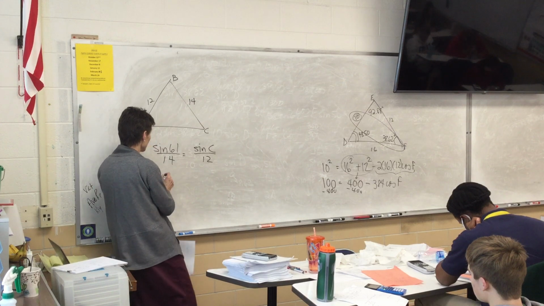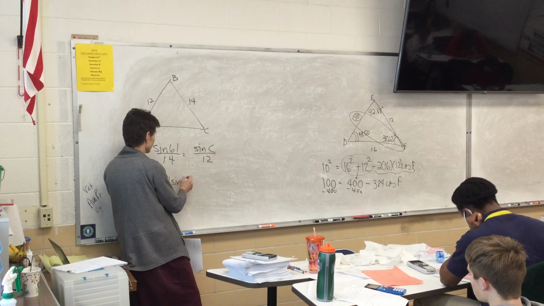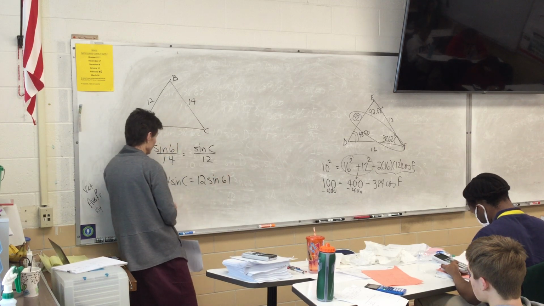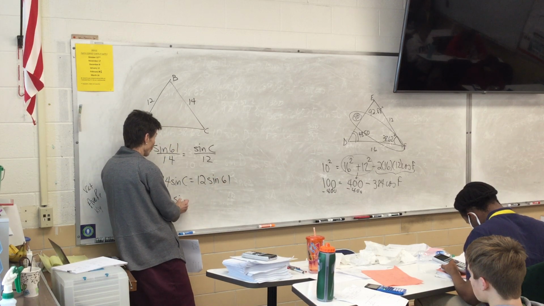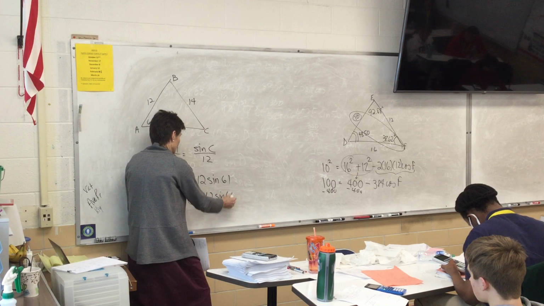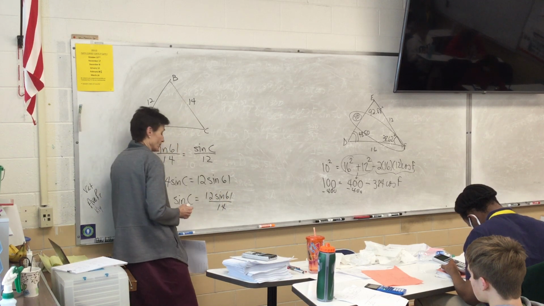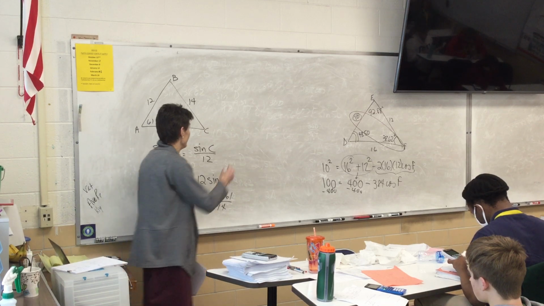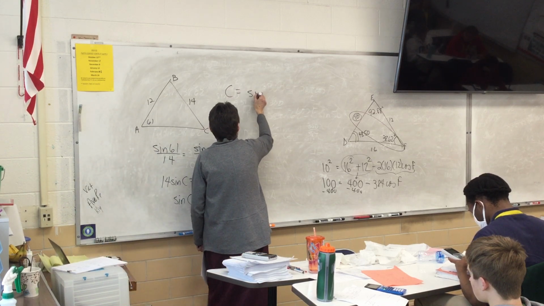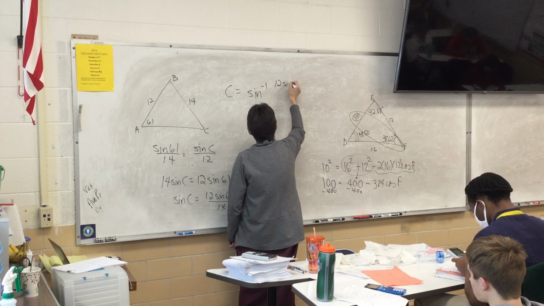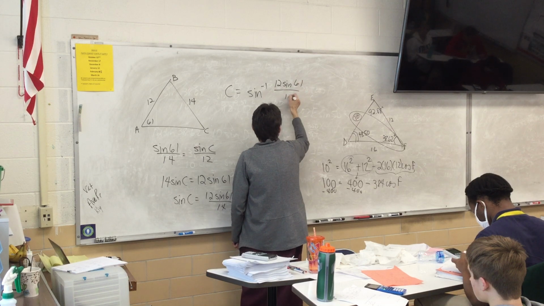So we'll cross multiply, and divide by 14 only. So then we're going to second sine that big fraction, 12 sine 61 over 14.